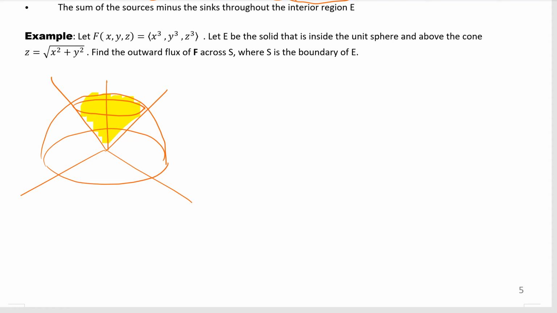So we can say, by the divergence theorem, our flux across the surface S equals our triple integral on this solid.